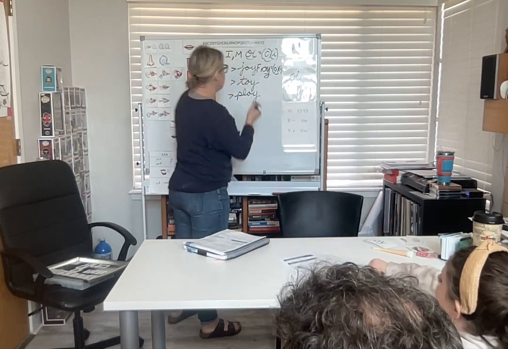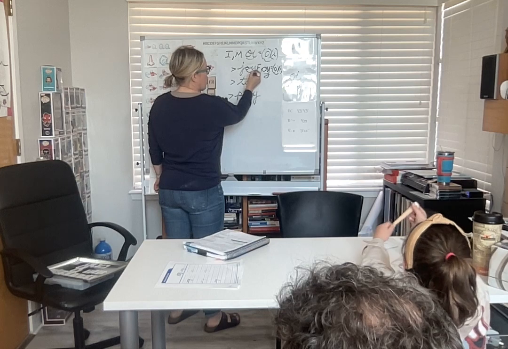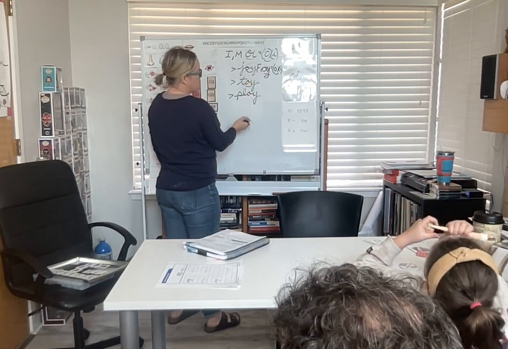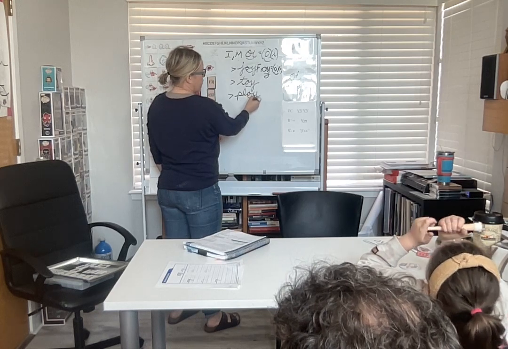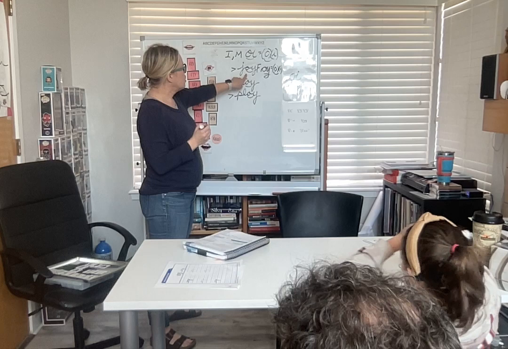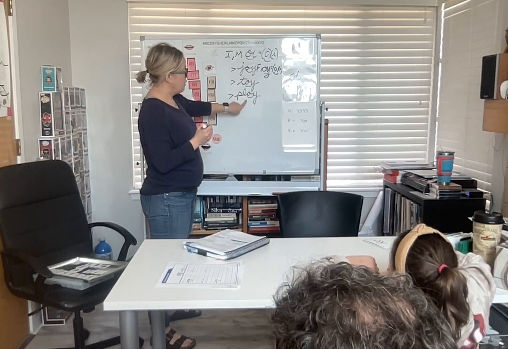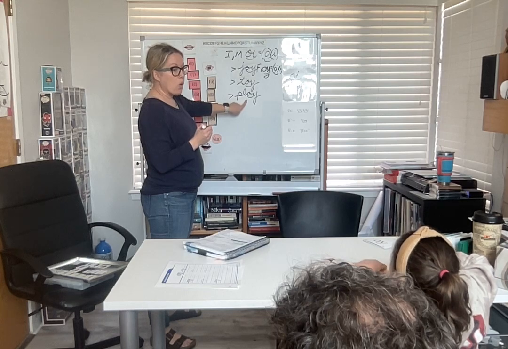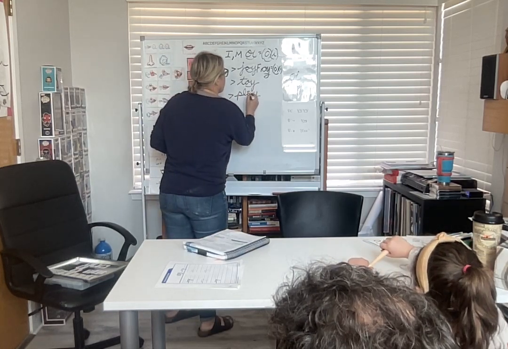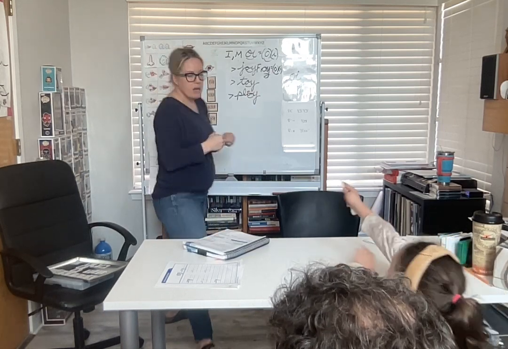Arc, vowel, diphthong O-Y. And read. Joy. Toy. Ploy. That's my fault. That kind of looks like an A. It's an O. Ploy.